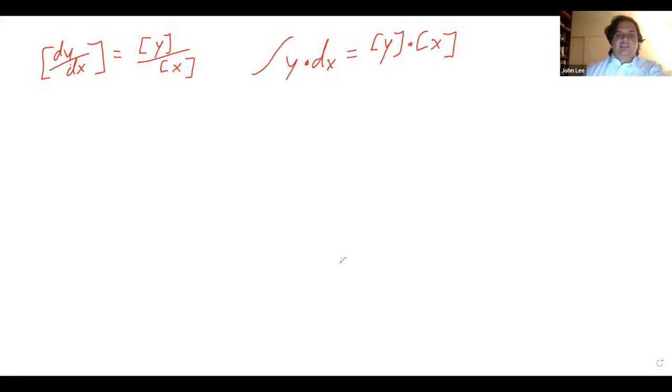So that's just something to keep in mind when you're doing integrals or derivatives.